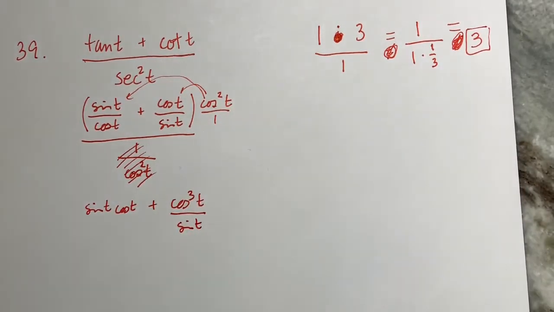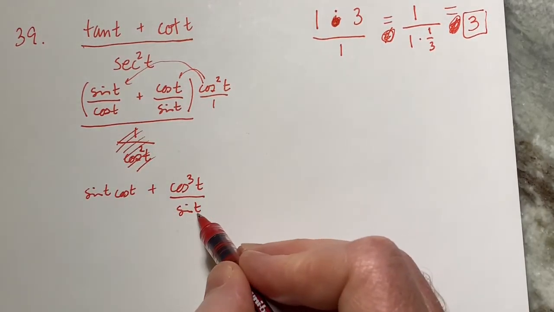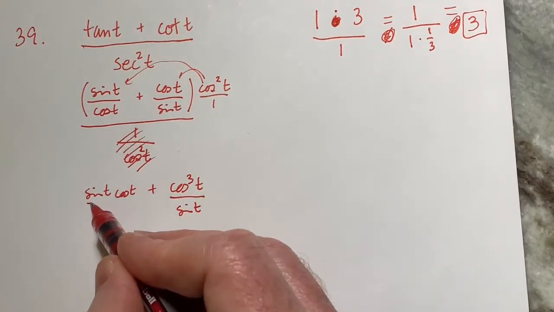All right? And when I look at this, I'm like, what in the world is happening here? So you may think that this is not progress, but I actually think it is a lot of progress. And if I think of another way to do this, I'll show you. Well, at this point, I at least have it down to where I can add these two fractions, and I can do that by finding a common denominator. So what would I have as a common denominator?